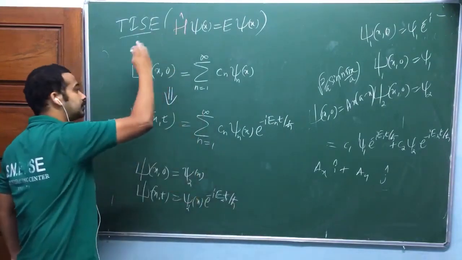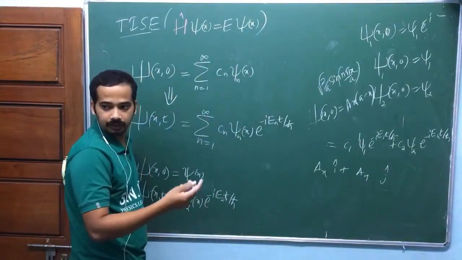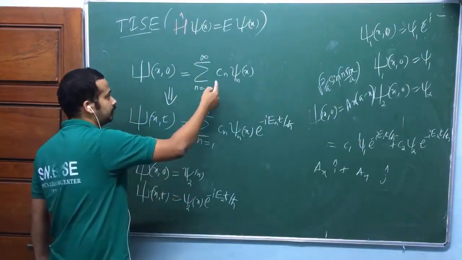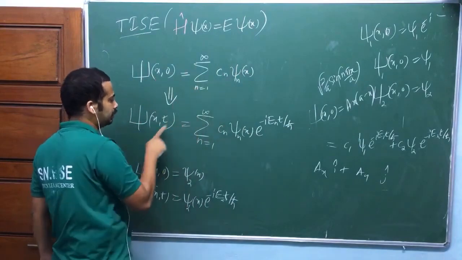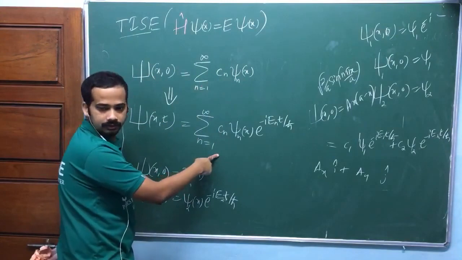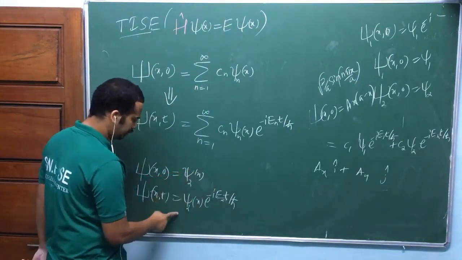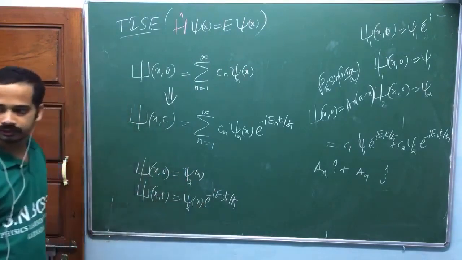If it is some general function, write it as a linear combination. It can be written. We have a mathematical theorem for that. Once you write like this, again you get the later time state. Is that okay? If the initial state is one of the eigenstates, for the later time you just plug in this one.